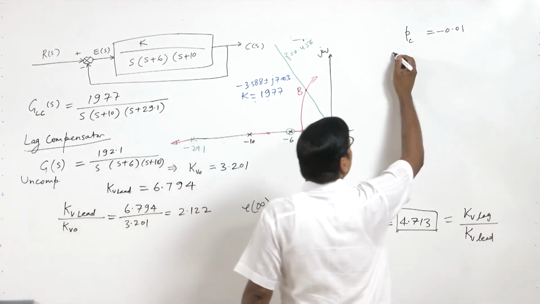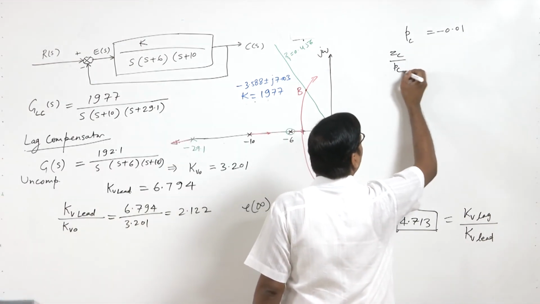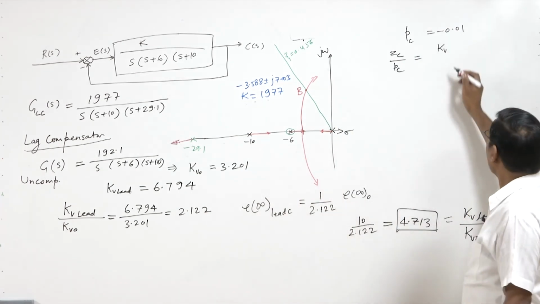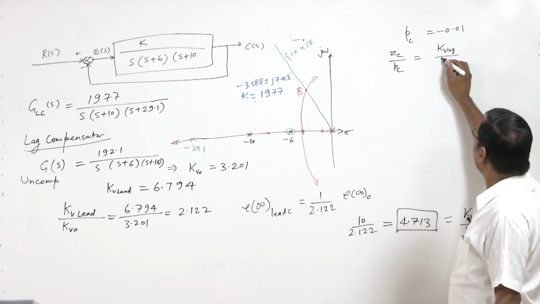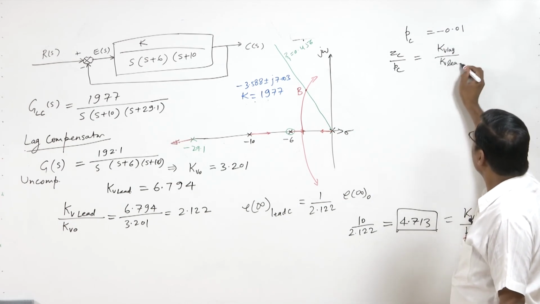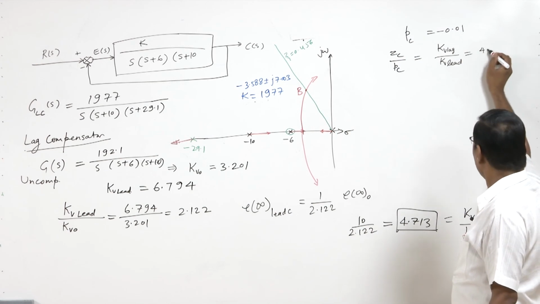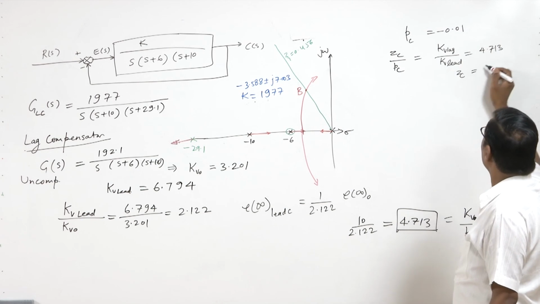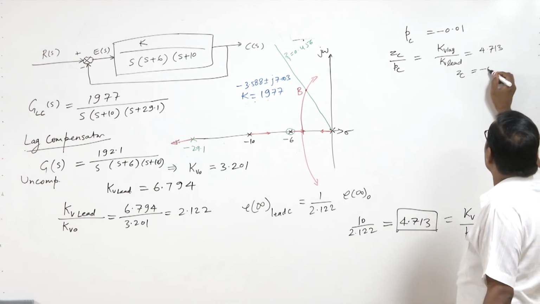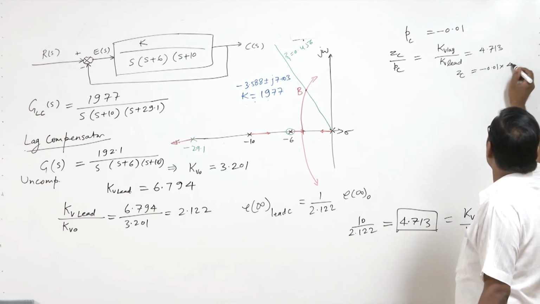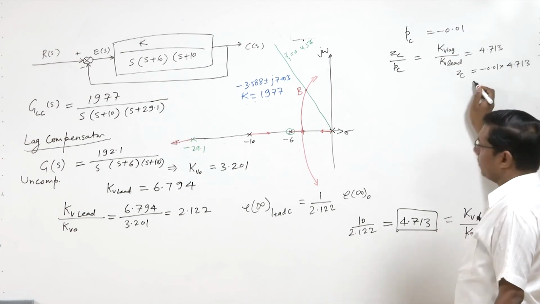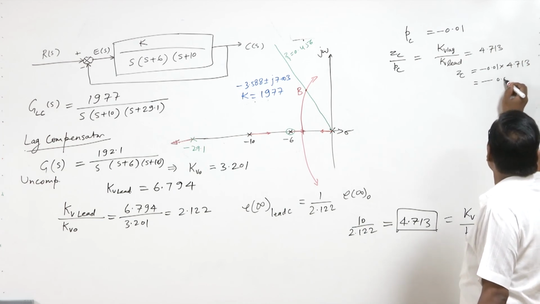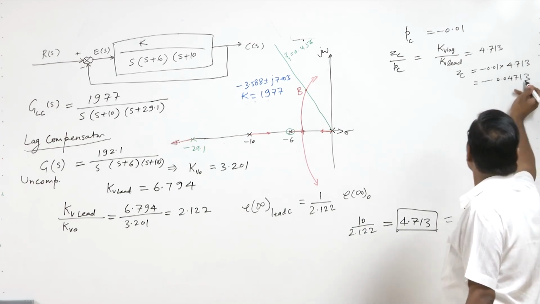and we know that ZC by PC equal to KV lag by KV lead, so equal to 4.713. So ZC equal to minus 0.01 into 4.713, that is equal to minus 0.04713.